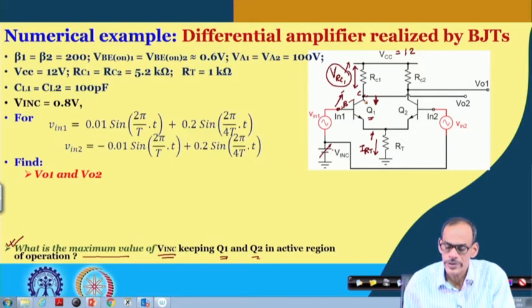So, to calculate the limit of this DC voltage where this transistor is just entering saturation, what we can do is either compare this voltage and this voltage, or the better approach is that we take the base voltage and then take out 0.6 volt to get the emitter voltage here, and then we add VCE sat of 0.3 volt.